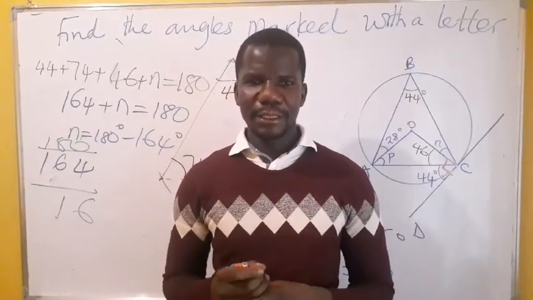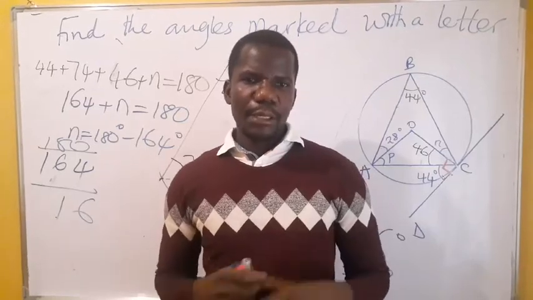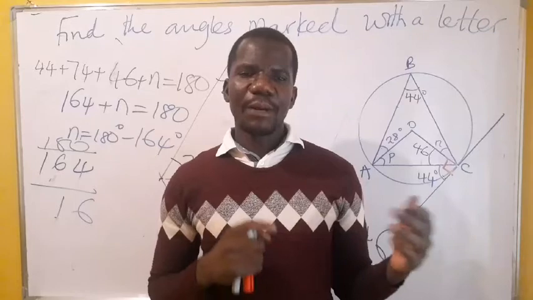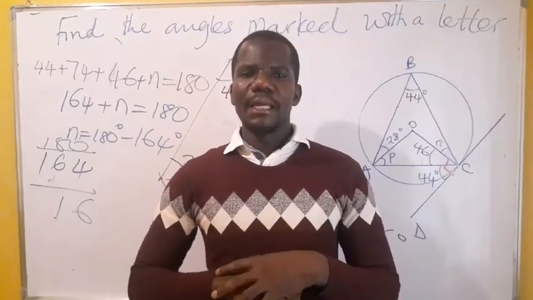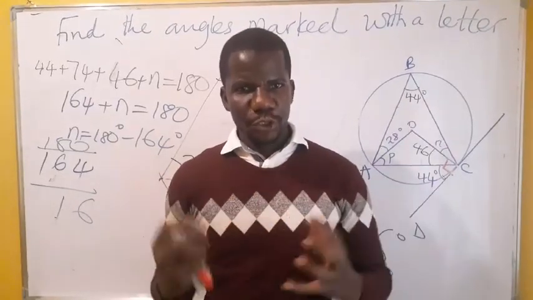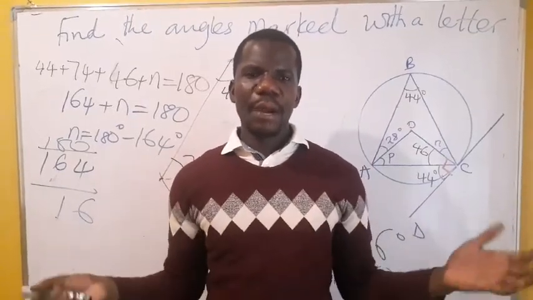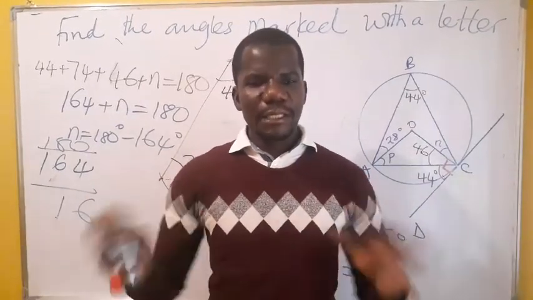In the next 2 lessons, we are going to look at questions in the form of revisions from different past papers and textbooks, where we are going to apply all the 8 theorems.